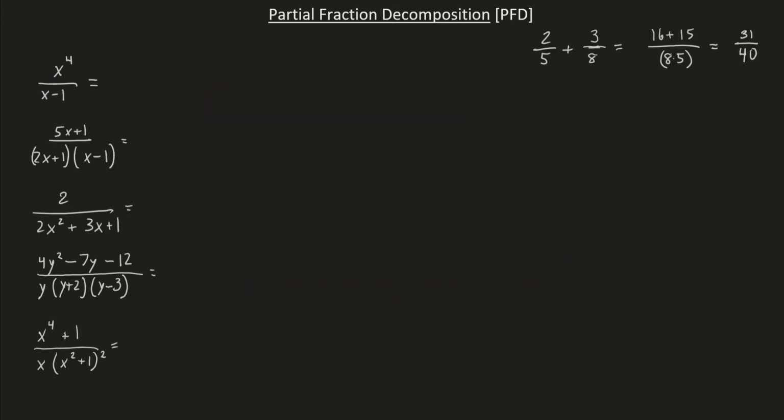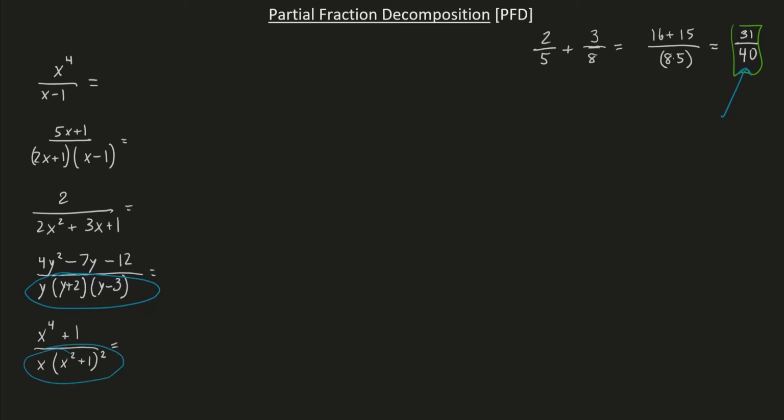So our first step is to take our problem and split the denominator into factors of either linear equations or quadratic equations. All that means is we want something that looks like this. See, this denominator is basically made up of a whole bunch of linear equations getting multiplied by each other.